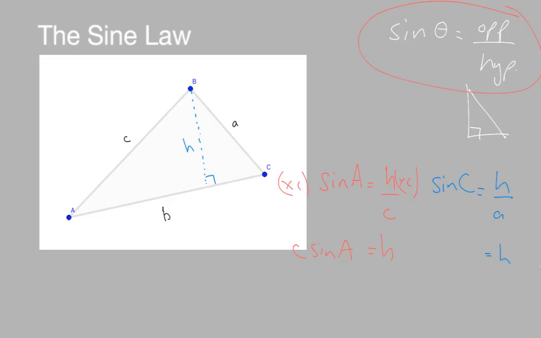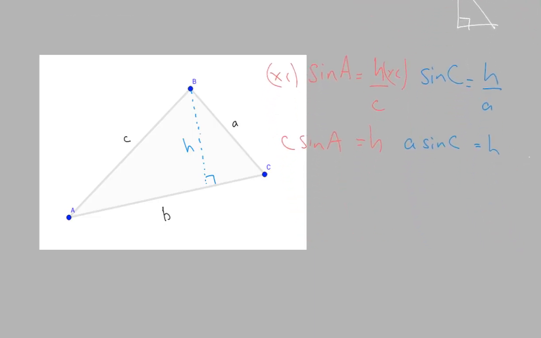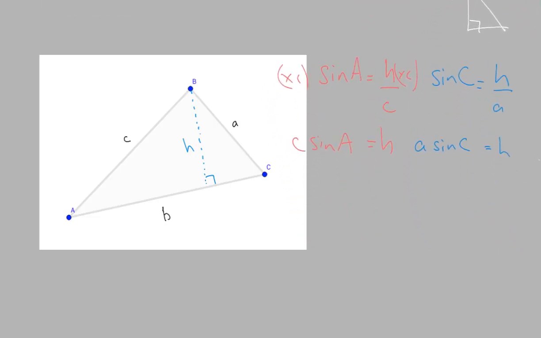We have h on that side, multiply both sides by a, and we get h equals a sine C. So we have this one equals h, this one equals h. Since they both equal h, they can equal each other, and that means that c sine A must equal a sine C.